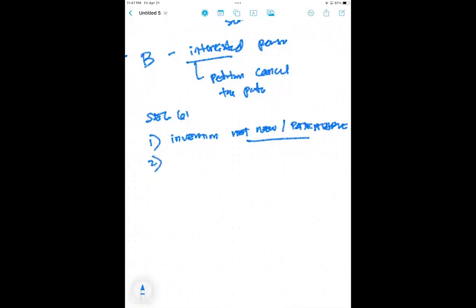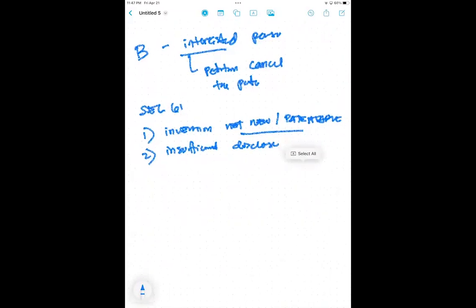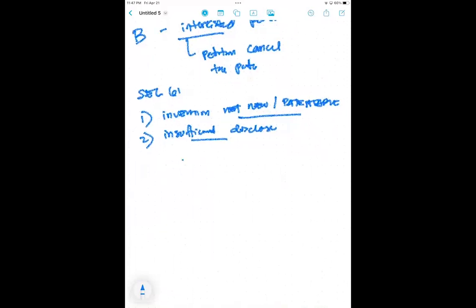Number two, there was insufficient disclosure. Okay, ano ba itong insufficient disclosure? The patent was not disclosed in a manner sufficiently clear to be carried out by a person skilled in the art. So there was insufficient disclosure because, di ba, we mentioned about application for patent registration.